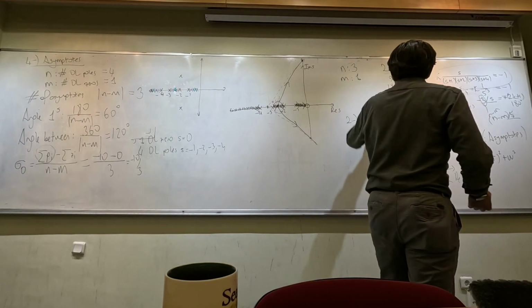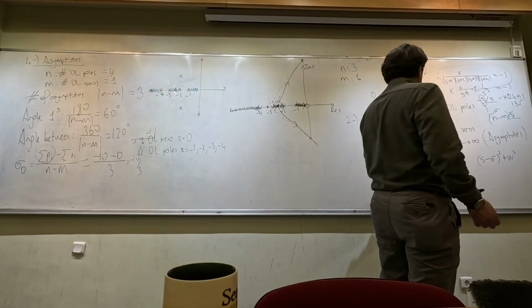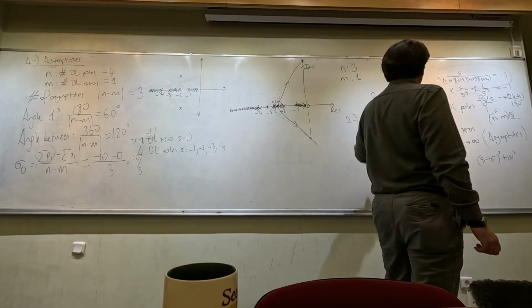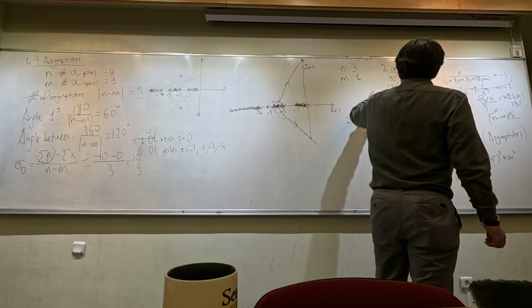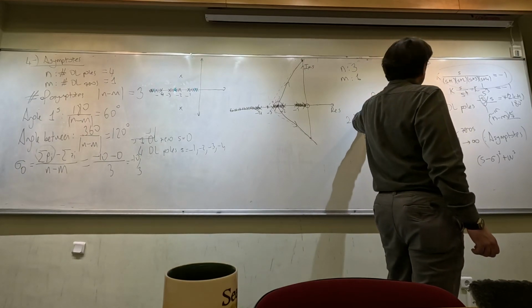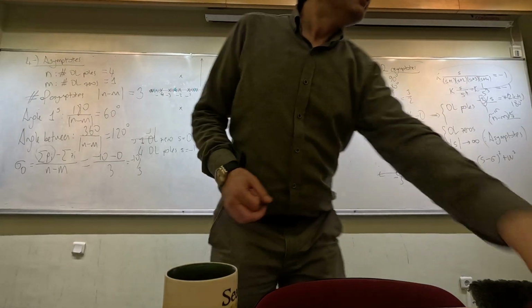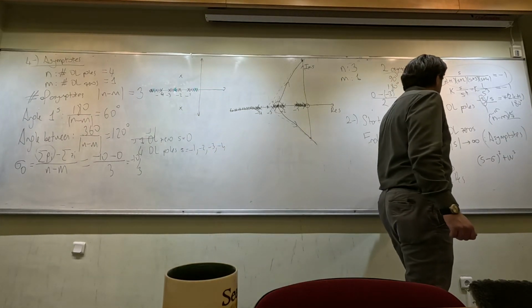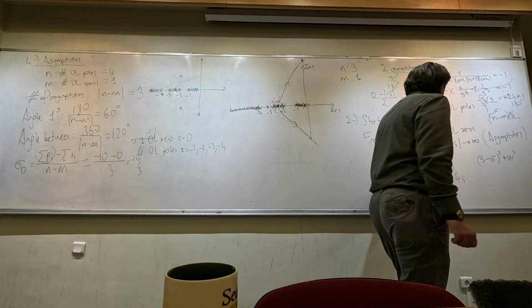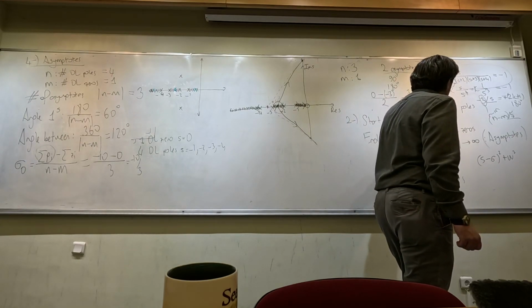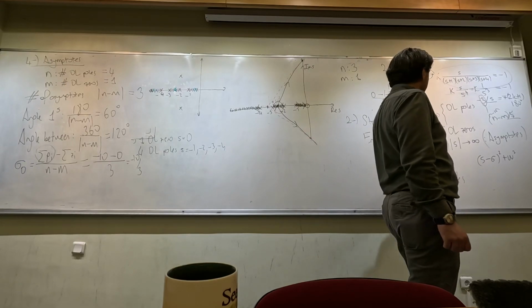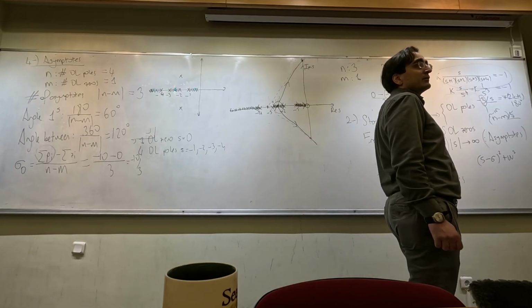And 0 minus the zero summation, it is -3, divided by 2. And this is going to be 3/2. Okay? So here, the asymptotes are going to meet somewhere here, and the angle of the first asymptote will be 90 degrees. This is the 90 degree asymptote.